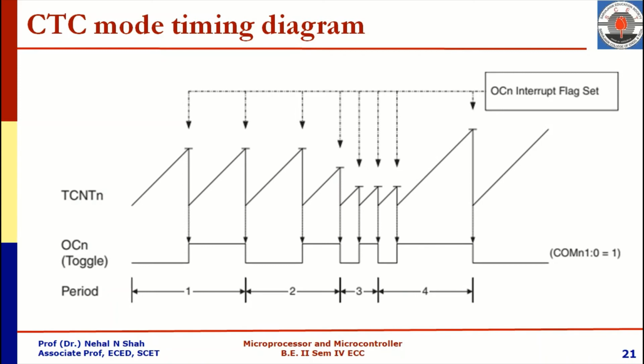It depends on the output compare match register, that is, from which value the timer count register will count and for how much interval counting takes place. So by loading different values, we can generate different time intervals in CTC mode.